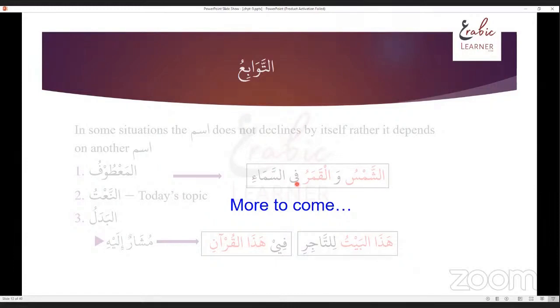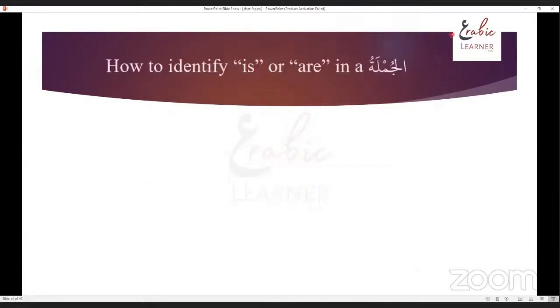Okay, brothers and sisters. Now, before I go into examples of sentences that will contain Naat and Manuut, I think it is necessary for you to know how this comes. So if I say Hadha kitabun, hadha means this, kitabun means book.